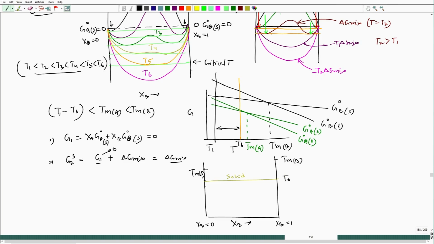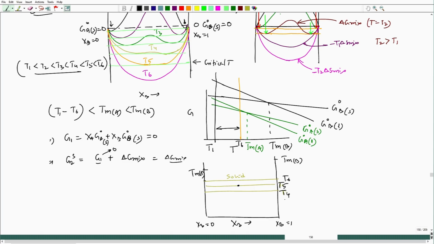Now, at T5, I am seeing that there is a critical point appearing. Okay. So, that tangent is actually that critical point, if we do the second derivative we should get that critical point, that is the point, and let us say this is T4.